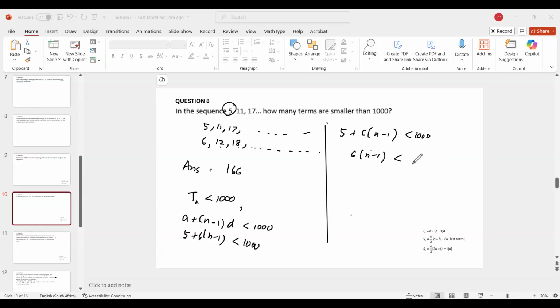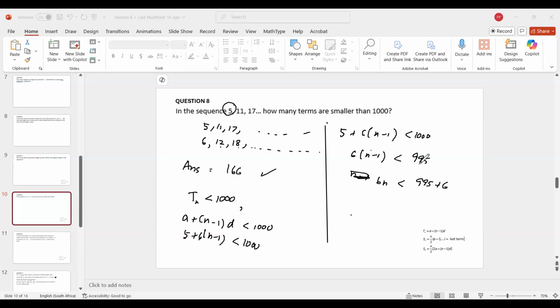I'm giving you another way of solving. I've already solved the problem, but I'm giving you another way where you can use the formula. So it's 1000 minus 5, which is 995. So you have n minus 1, or if you like, you can say 6n minus 6. So it's 995 plus 6.